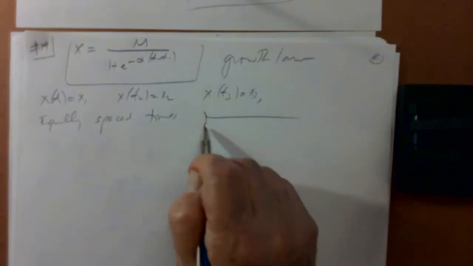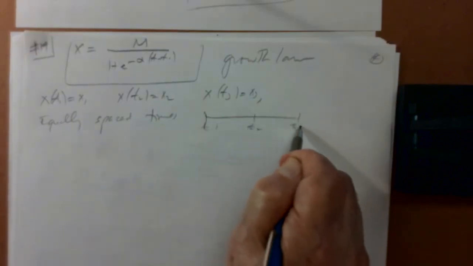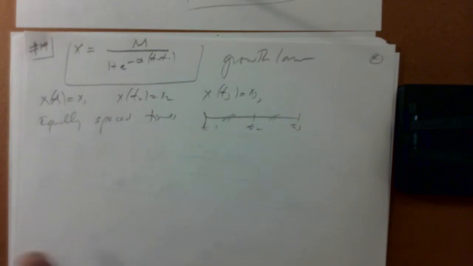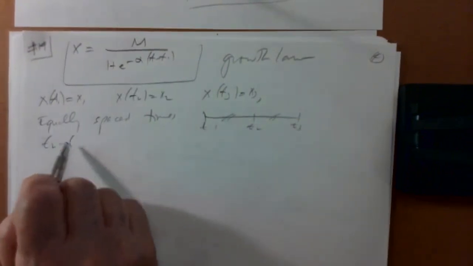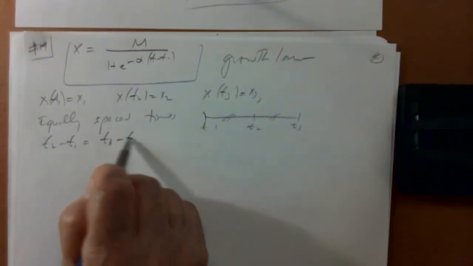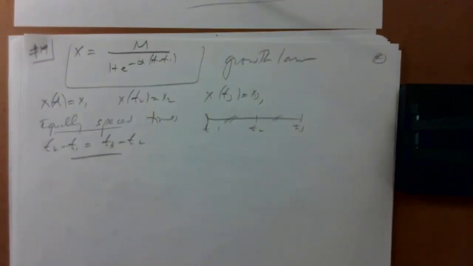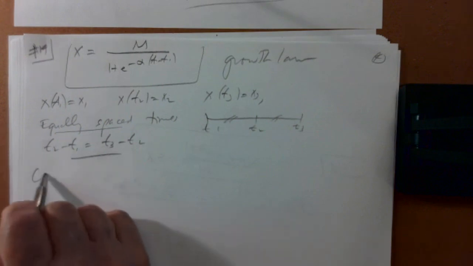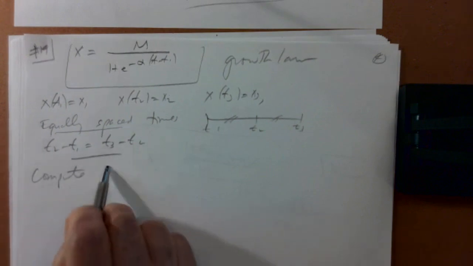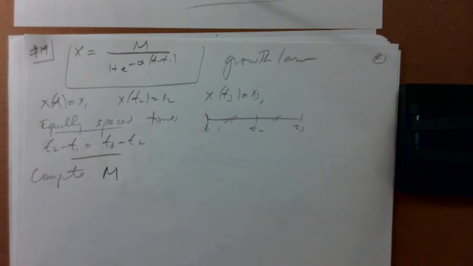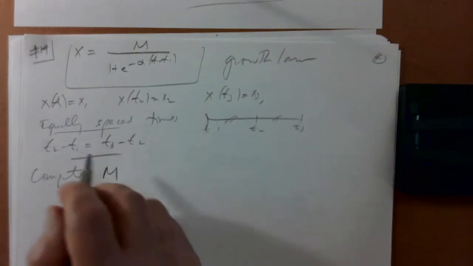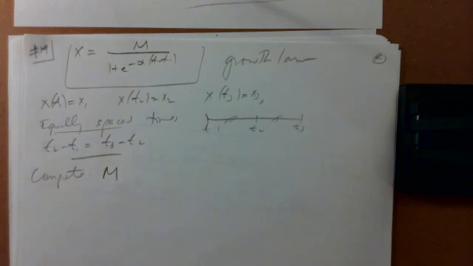These are equally spaced times. That means t1, t2, t3 equally spaced. T2 minus T1 is the same as T3 minus T2. That's what equally spaced means. And we want to use this to compute M, which is the maximum population that the environment can sustain.